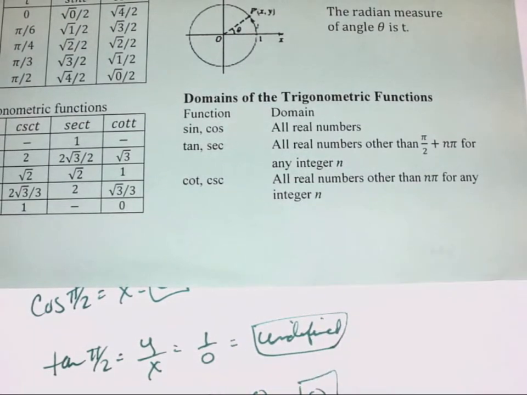So as long as you're doing okay with those and you understand where they're going to be undefined, that will help you out a little bit. The more you understand and can connect with that unit circle, the easier it is going to be.